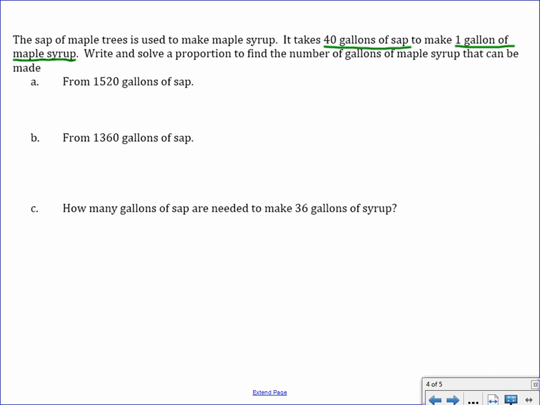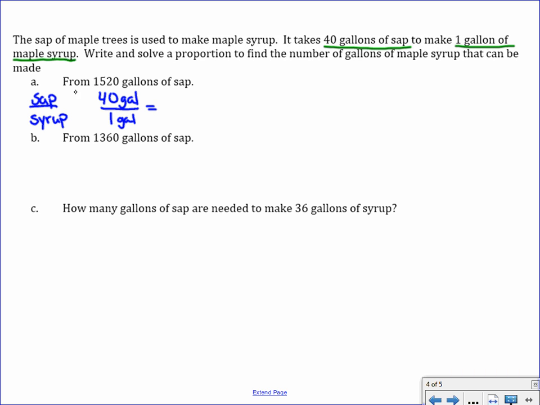Write and solve a proportion to find the number of gallons of maple syrup that can be made. Since I'm going to use the ratio of sap to syrup, 40 gallons of sap will get me 1 gallon of syrup.